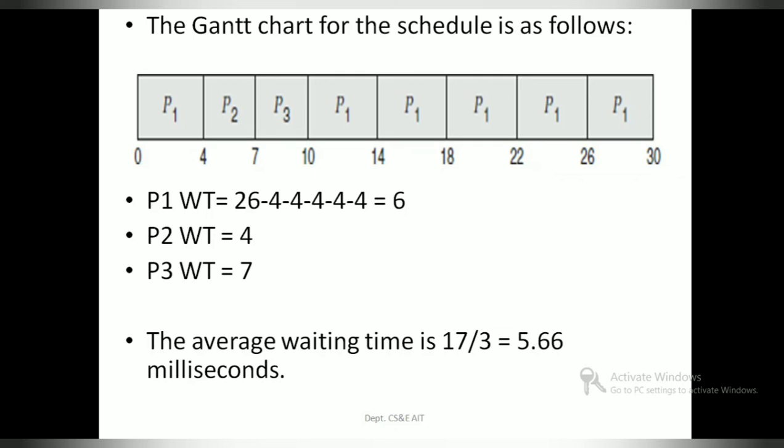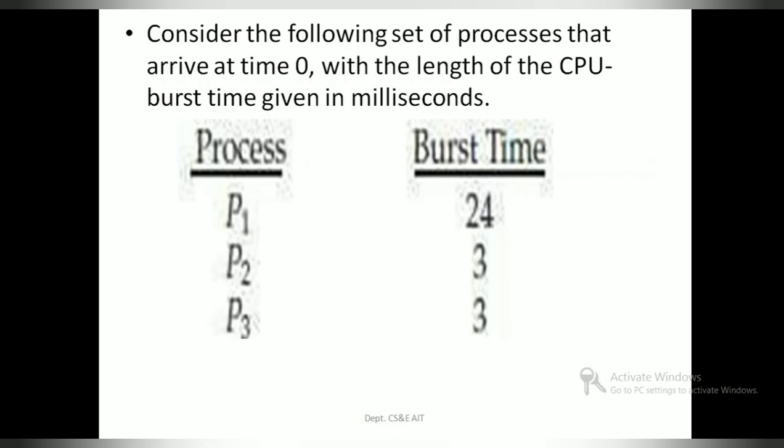You have to check that the process expires at the time quantum and the next process takes over, and this continues until the process completes its burst time. For instance, for process P1, I cannot be exceeding the burst time of 24, which is something we have to take care of.